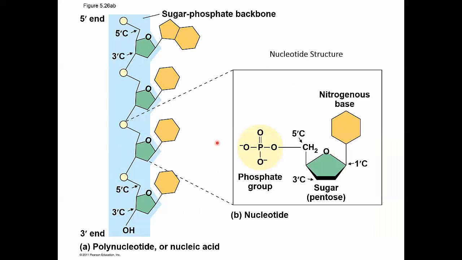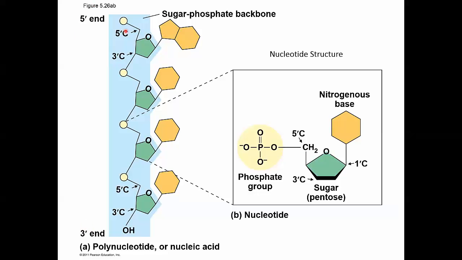So if we look at an individual nucleotide, something that you should be able to draw, okay? A phosphate group and a nitrogenous base are present, but at the core of this is a sugar, a pentose, a 5-carbon sugar, and we number the carbons. This is carbon number 1, 2, 3, 4, and 5 is up here. It's going to be important that you learn which one is which, because it helps you to determine which end of the DNA molecule you're looking at.